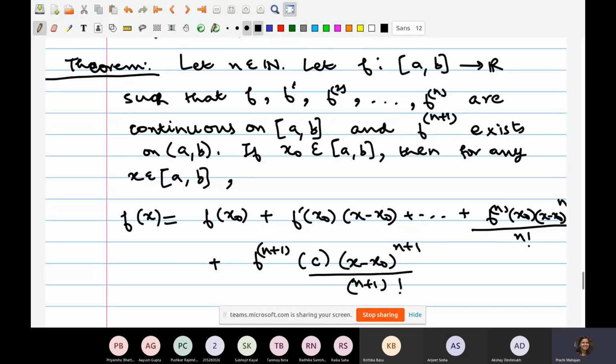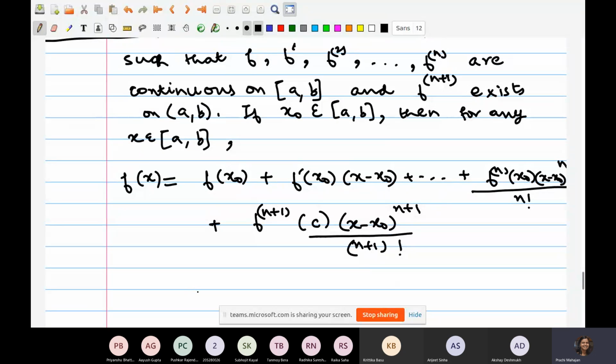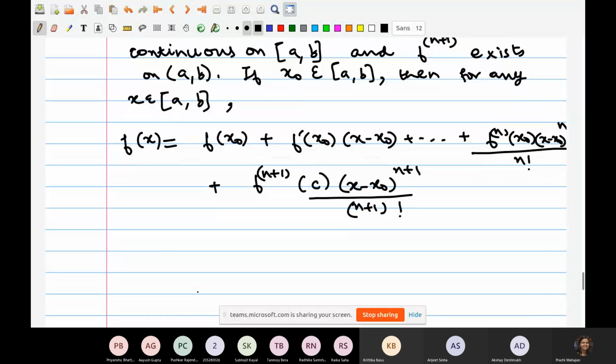And what is this c? c is some point between x and x naught. Depending on whether x is bigger or smaller than x naught, c lies between x and x naught, so I will not write interval notation.